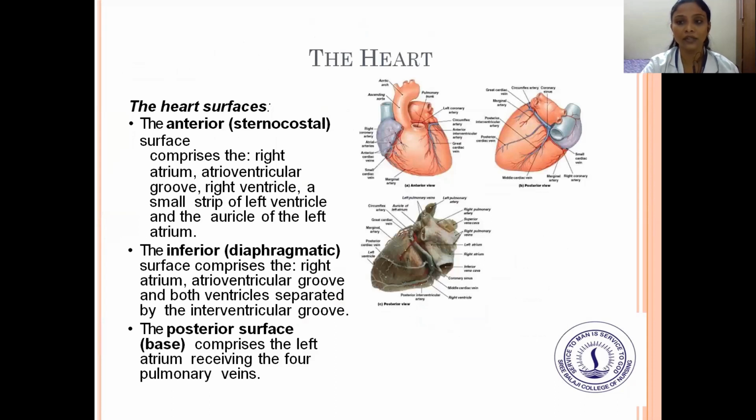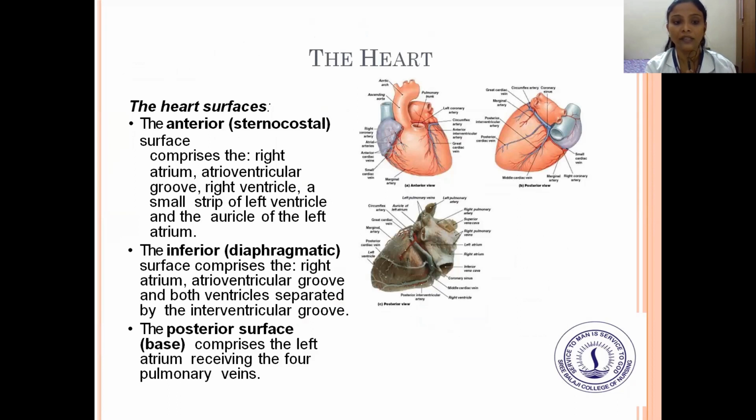So the heart surfaces. When you see the heart surfaces, we have three surfaces. That is the anterior surface, that is the sternocostal surface, comprising the right atrium, atrioventricular groove, right ventricle, a small strip of left ventricle, and the auricle of the left atrium.